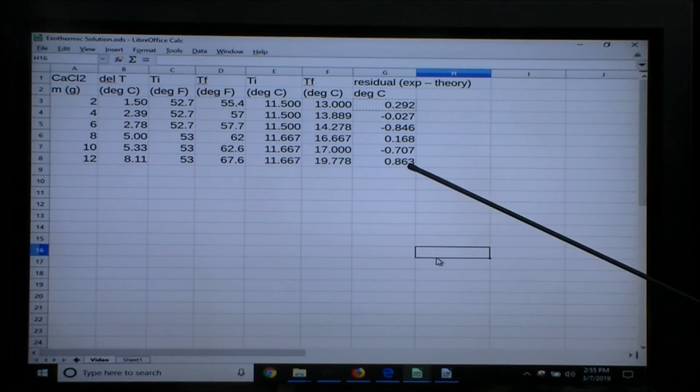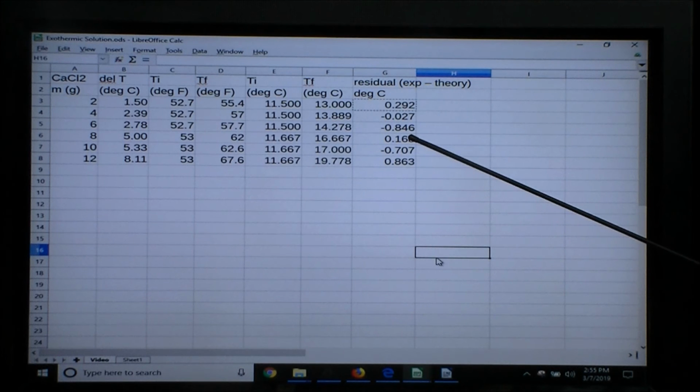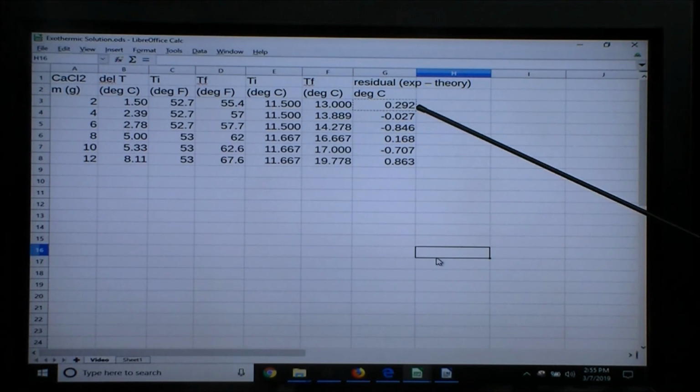So when we have this value, 1/10 of a degree, 1/10 of a degree, almost 3/10 of a degree, 3 of our data points out of 6 have residuals that are much larger than our instrumental error.